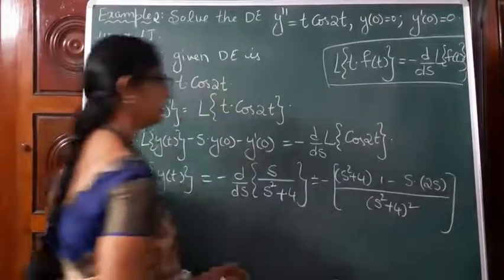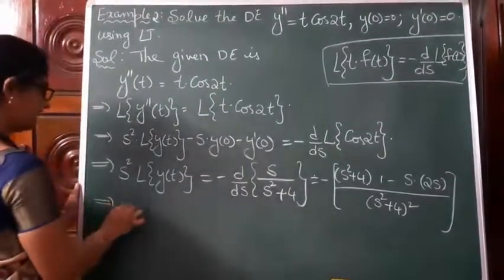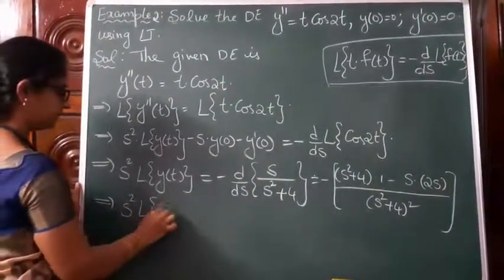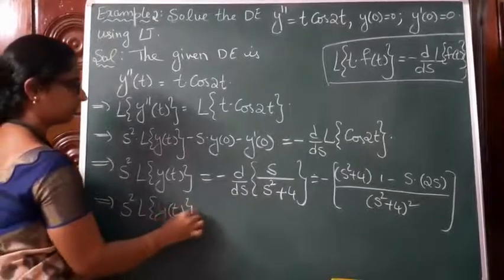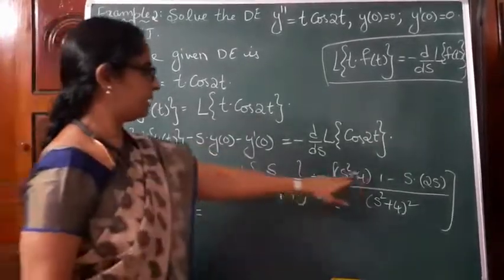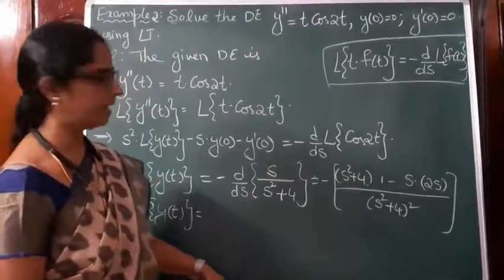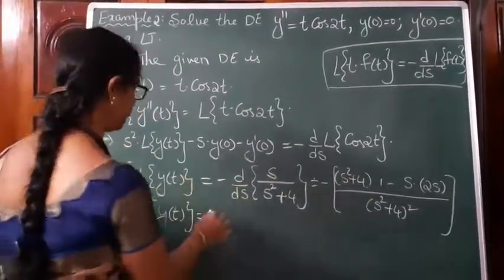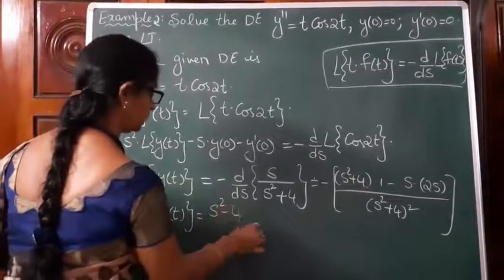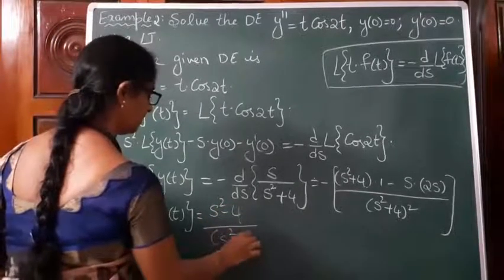That is, s square into L of y of t is equal to, this is s square plus 4 minus 2s square, that gives 4 minus s square, and if you multiply with minus we get s square minus 4 by s square plus 4 whole square.